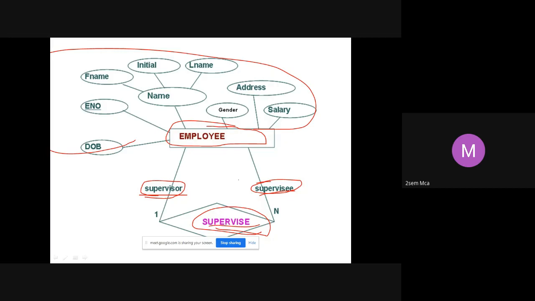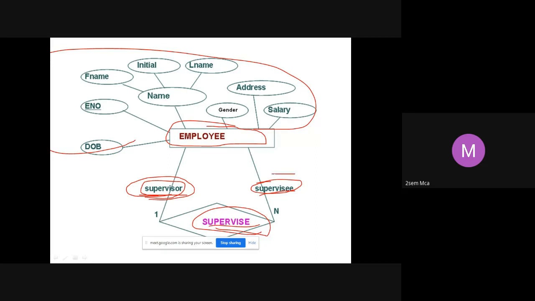Okay. So, supervisor. Supervise is the relationship. That means what? Employees have to be supervised. That's our relationship. Now, among the employees itself, one of the employees is going to act as a supervisor. He's also an employee only, but he is going to act as a supervisor, meaning I am going to supervise you.